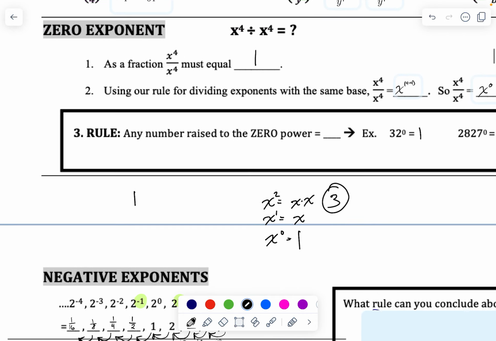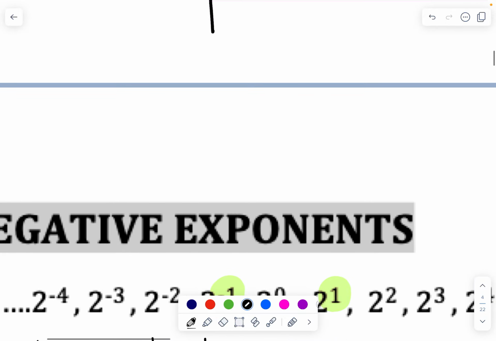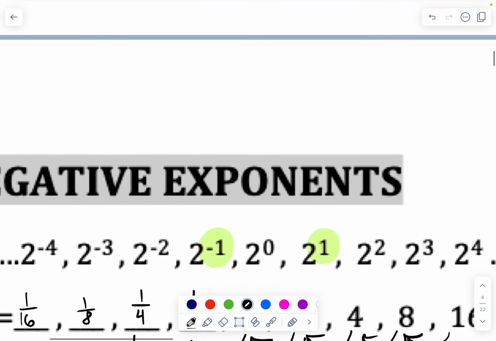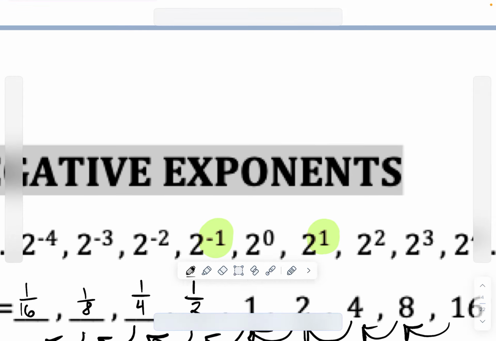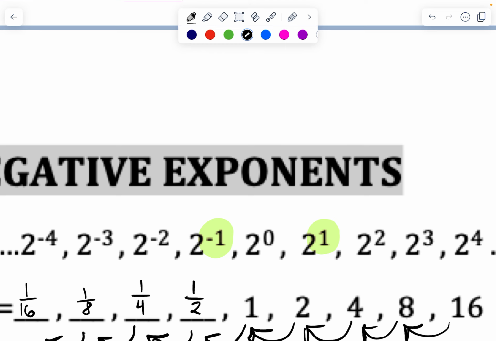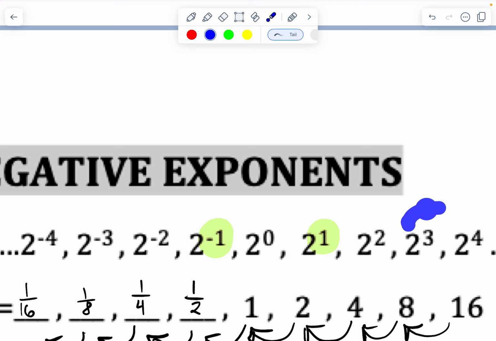Next, let's take a look at negative exponents. So if we look at powers of 2 here, we have 2 to the 0 is 1, 2 to the 1st is 2, 2 squared is 4, 2 cubed is 8. And we can see that as we keep going, we're just doubling. Well, we could take that thought and play it in reverse.